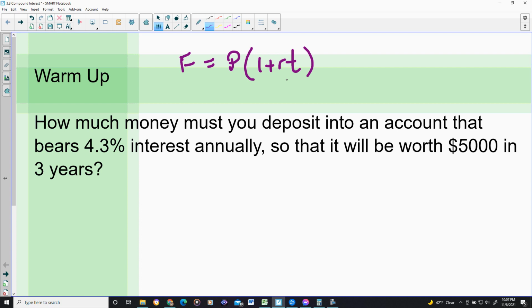Remember that if we distribute the P and we have F equals P plus PRT, to calculate future value, we have the original amount P plus the amount of interest that is calculated. So the interest is the rate times how much time we have for every dollar that we have.